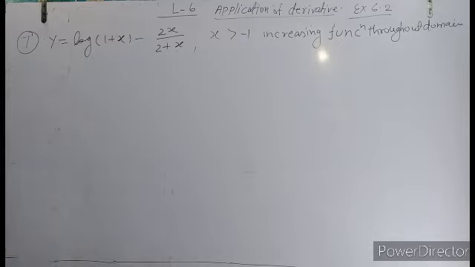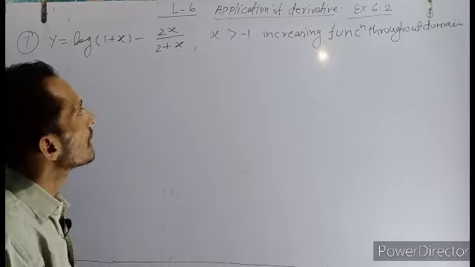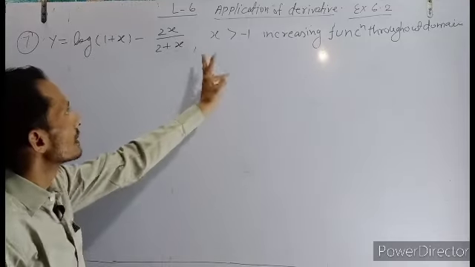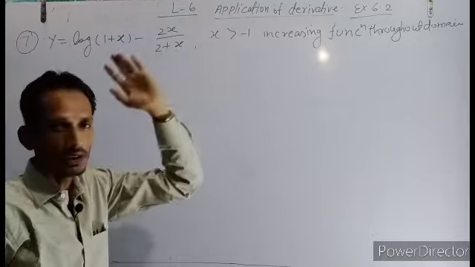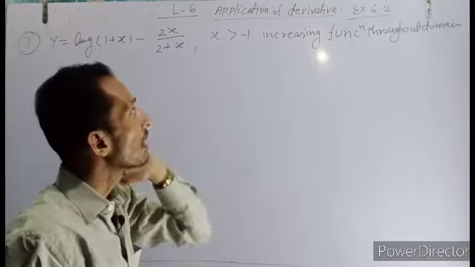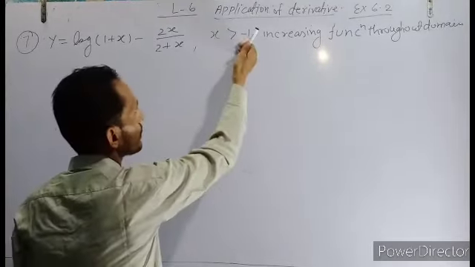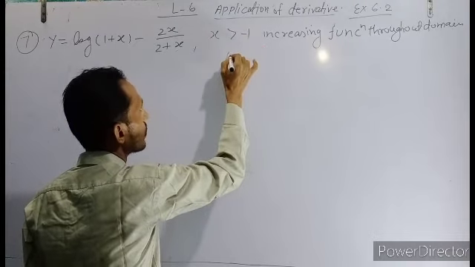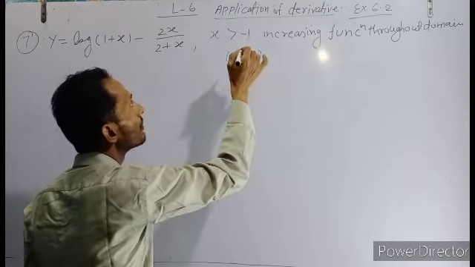So what is the process for the increasing function? It means x greater than minus 1, that is also an interval. What does x greater than minus 1 mean? It means minus 1 to infinity.